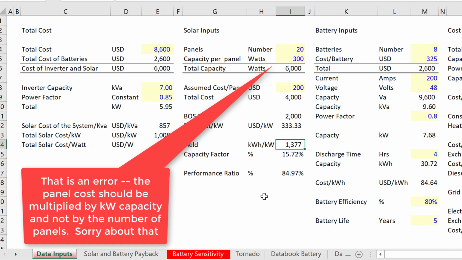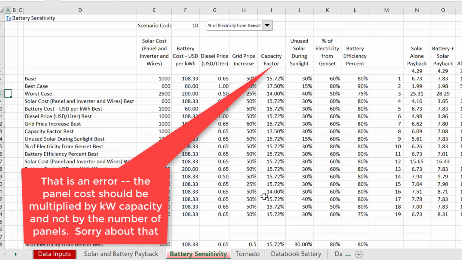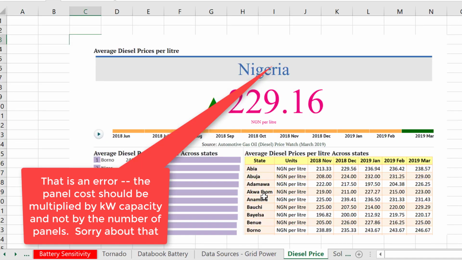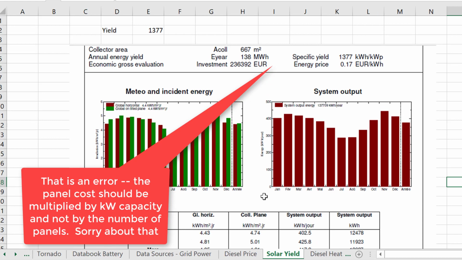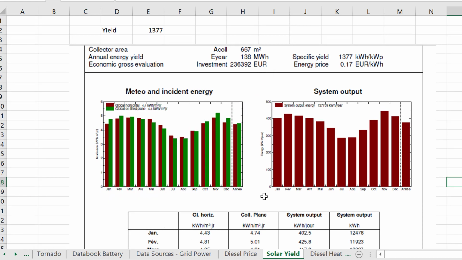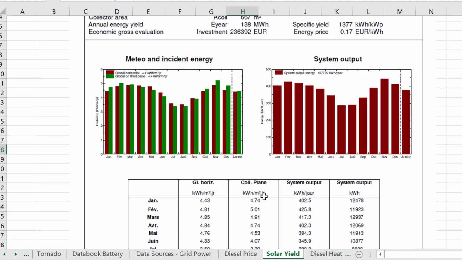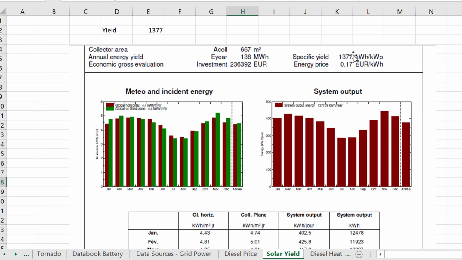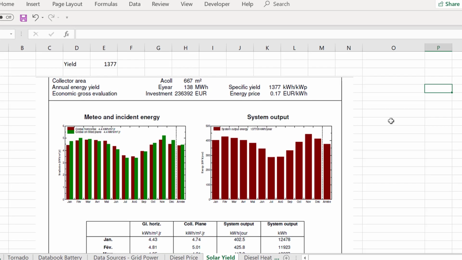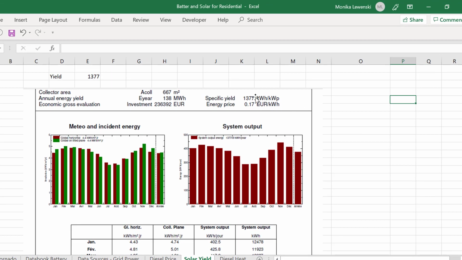And finally, as in any solar analysis, you need some kind of yield analysis. Now I've got a little PVsyst here, and for this PVsyst, it's in a nearby place. They give you a yield of 1,377. If you see a yield like that, it's kWh per kW, for the annual period.